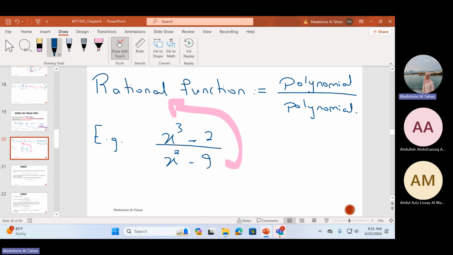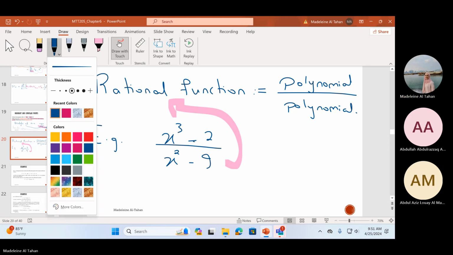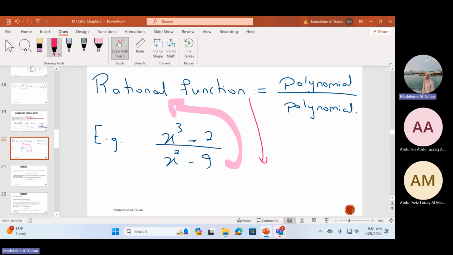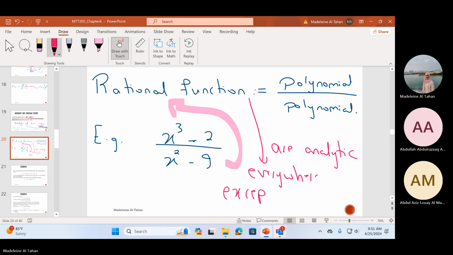So what can we say here? Rational functions are analytic everywhere except when the denominator is equal to 0. Do we agree? If the denominator is equal to 0, it means that our rational function is not analytic.